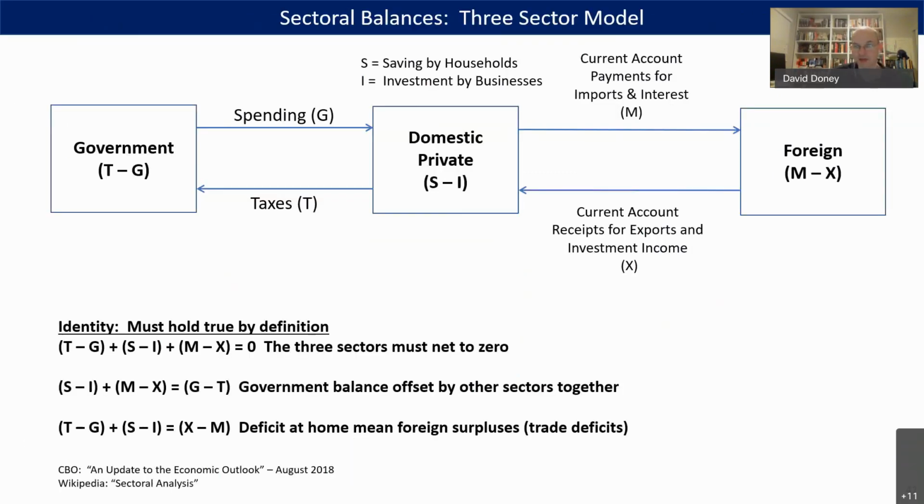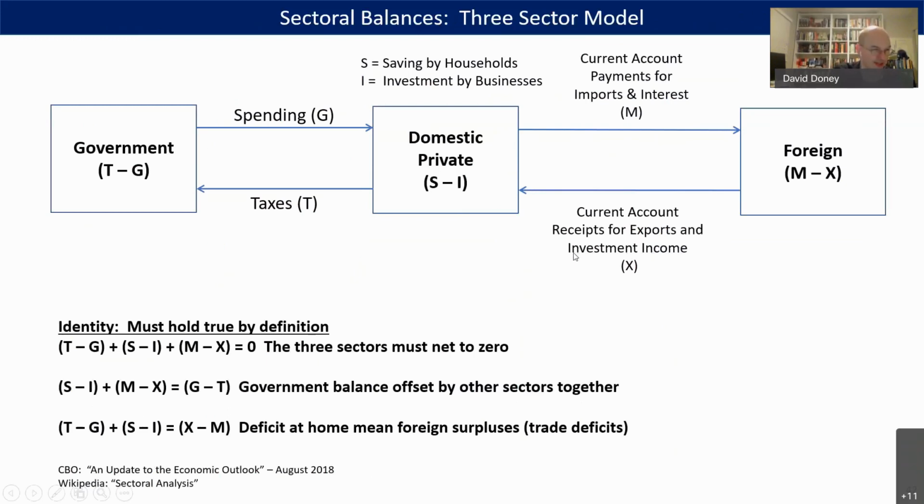This is another way of thinking about the same idea, laid out in this format so you can see the flows. When the government is spending, it's injecting money into the private sector, and taxes are taking it out. Likewise, the domestic private economy is either sending out money for imports or getting money back for exports.